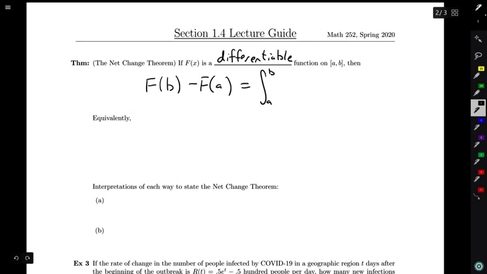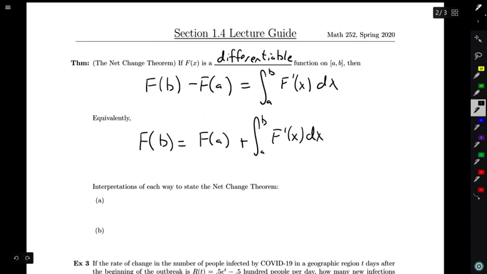Here we're thinking about big F as the antiderivative again, and it's an antiderivative of its derivative. So f of b minus f of a is the integral from a to b of f prime of x dx. Another way of writing this would be to add f of a to both sides. So we could think about this as f of b is f of a plus integral from a to b of f prime of x dx.